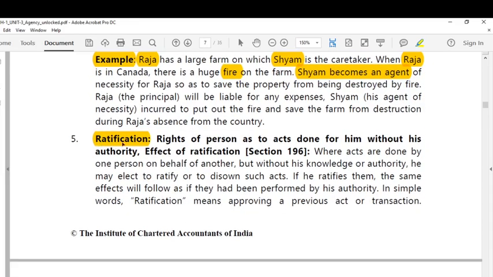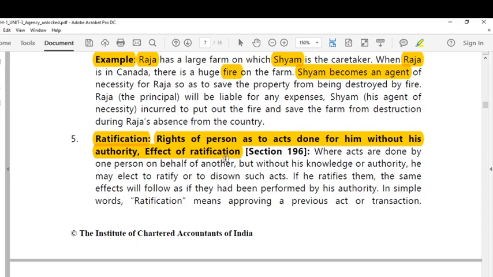The next one is ratification. This is the fifth one, and it is very important. So ratification means rights of a person as to acts done for him without his authority, and the effect of ratification. Students, please understand, agency arising by ratification means certain acts were already done.